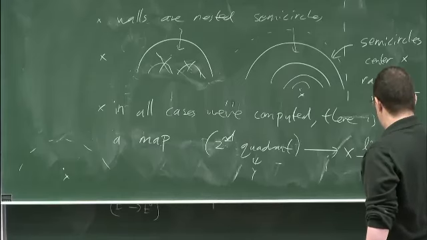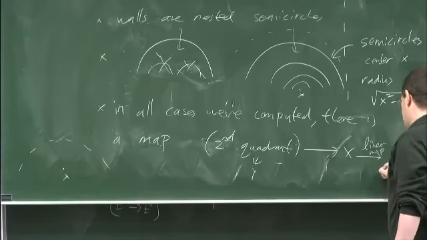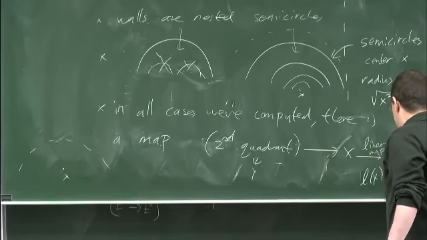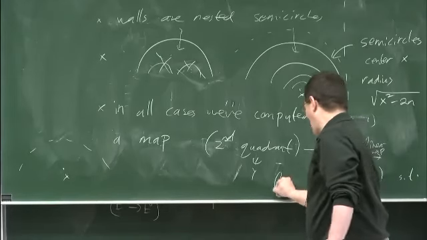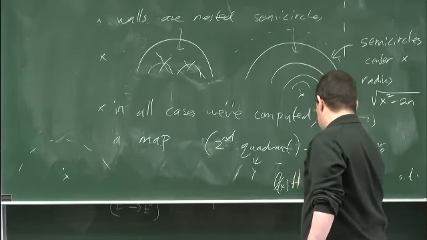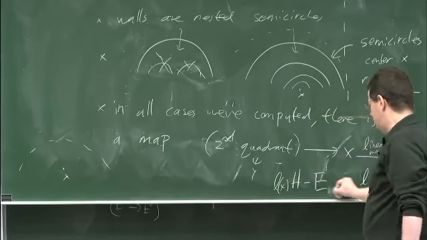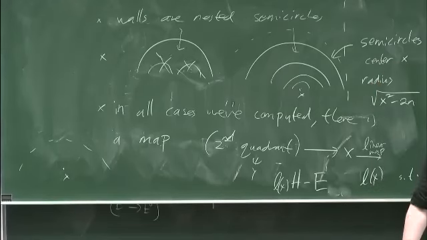I can even tell you what it is. It's like 2x plus 3 or something. It's not a complicated map. There's a linear map L of x such that L of x times h minus e is the corresponding wall in the effective cone.